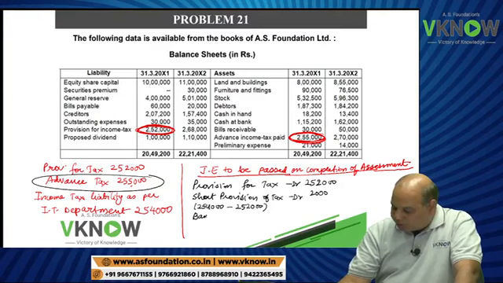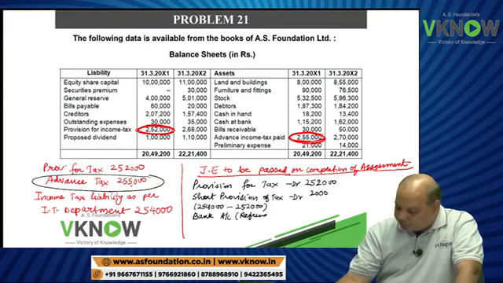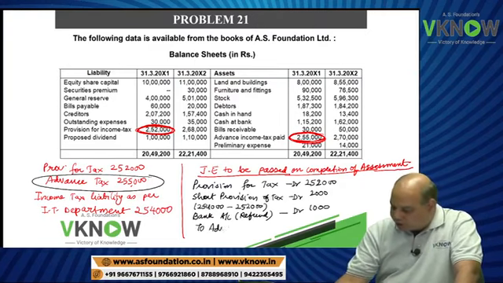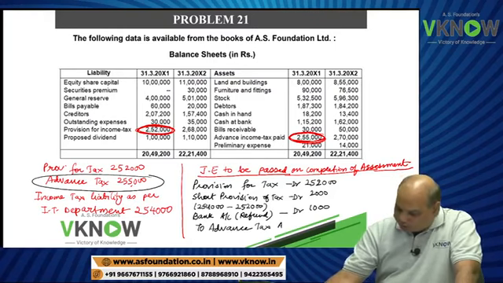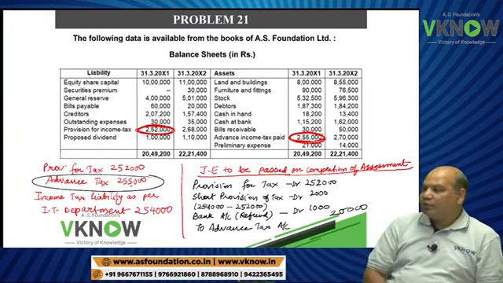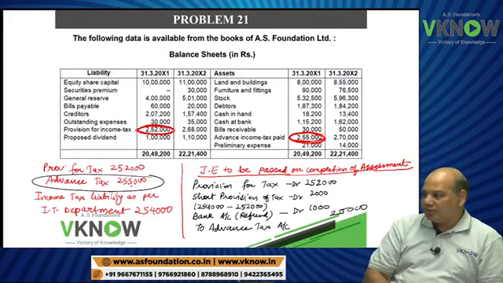Bank account debit, you have received refund also. So bank account debit 1,000 and to advance tax account 2,55,000. Please write the entry for your future understanding.